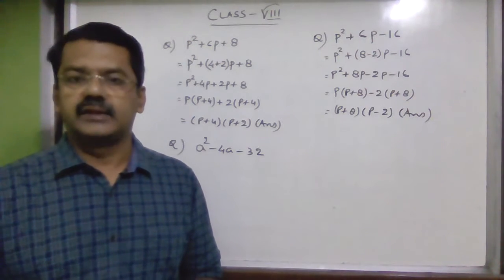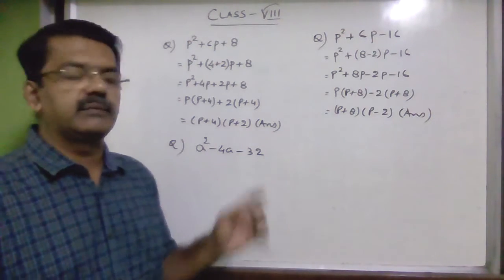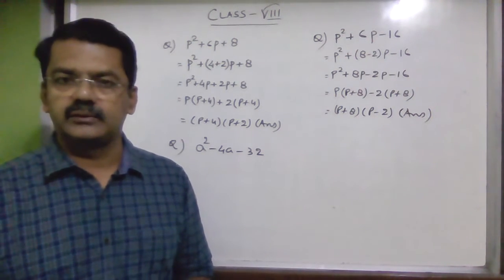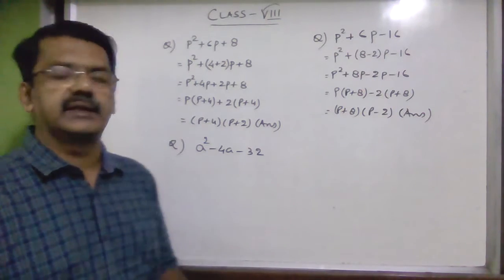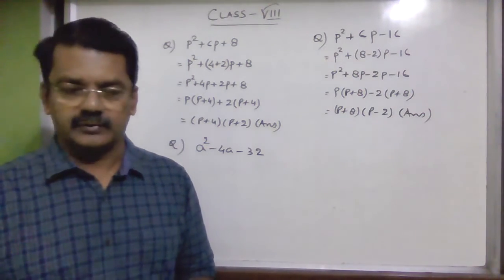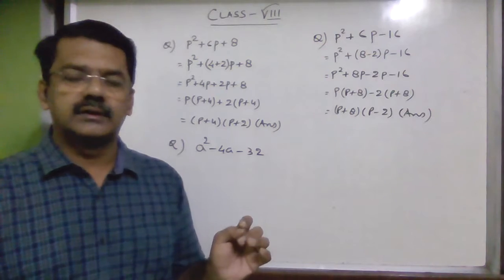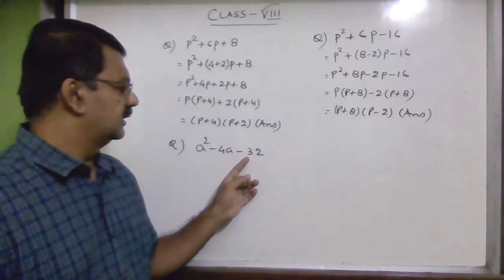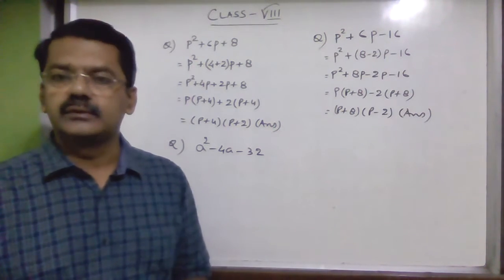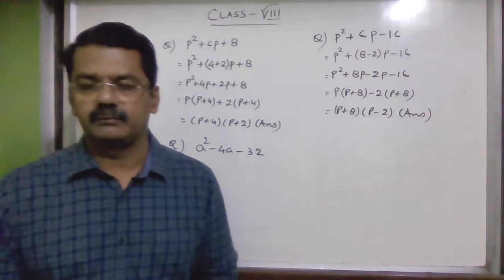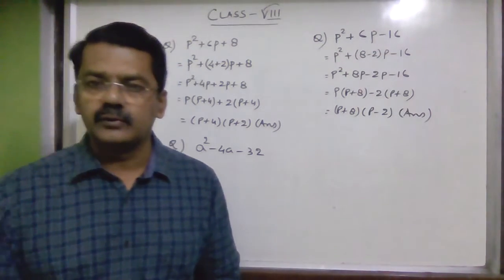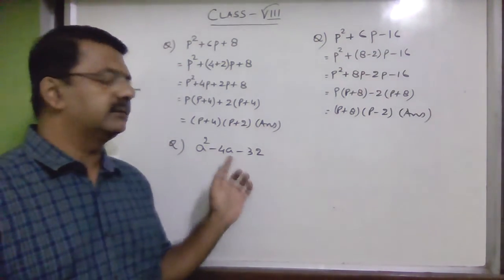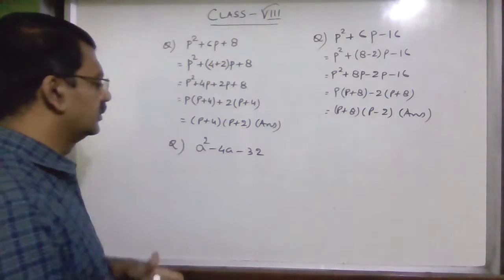I repeat, two numbers which when multiplied give 32 and when subtracted give 4. The numbers are 8 and 4, because 8 into 4 is 32 and 8 minus 4 is 4.